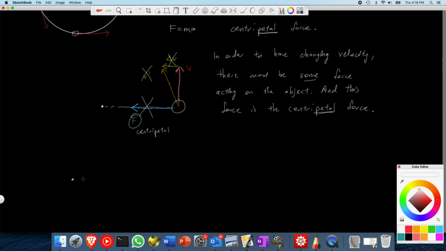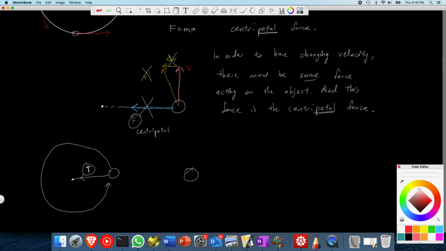So in the case where you're holding onto a rope, and the rope is attached to a ball, and the ball is going in a circle, the centripetal force in this case is the tension. So the tension in the string acts as the centripetal force holding the ball within its circular motion.